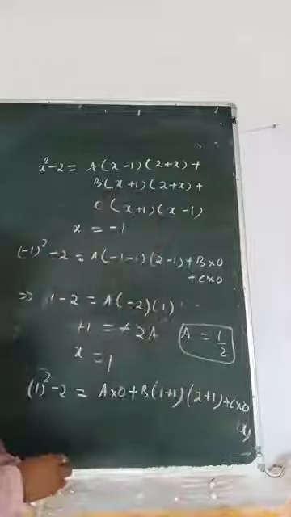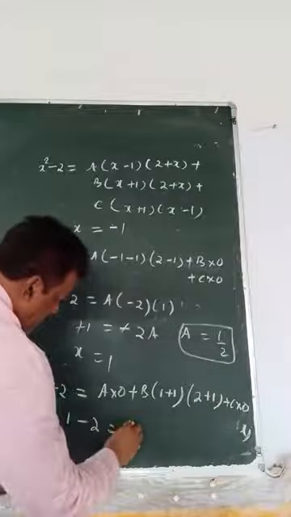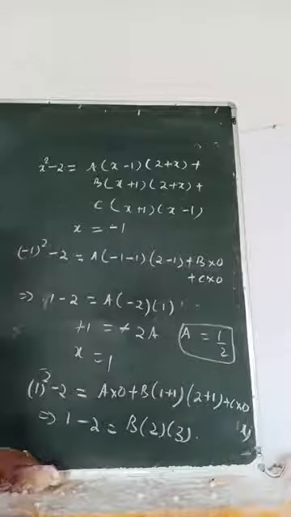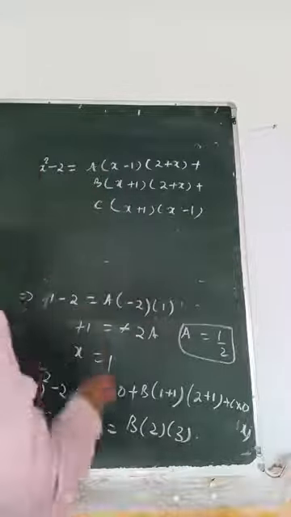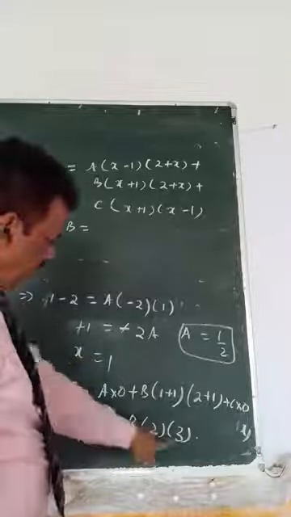So the conclusion: 1 - 2 equals B into 2 into 3. The conclusion is B equals minus 1 divided by 6.